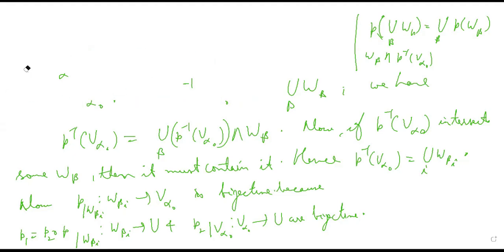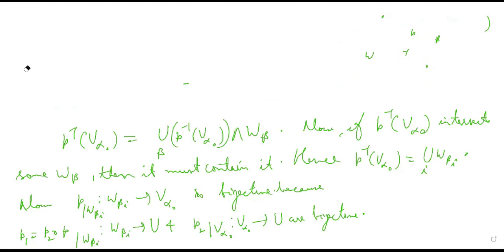So what we can do is, now from here we have P1 restricted over W beta I equal to P2 restricted over V alpha naught composed P restricted over W beta I. So from here we have this, and because this is a homeomorphism, you can consider the inverse of this.